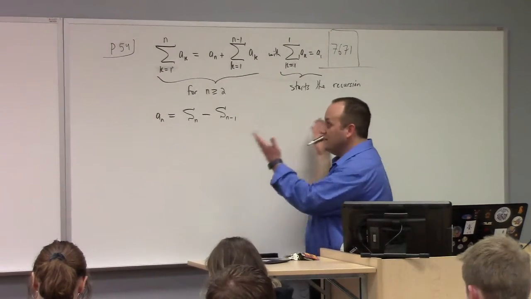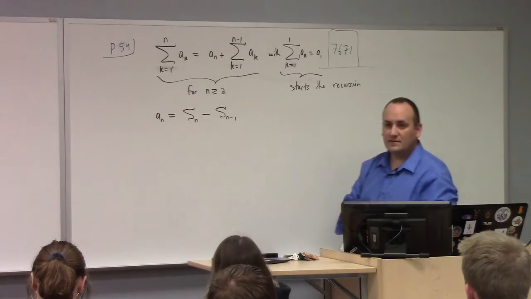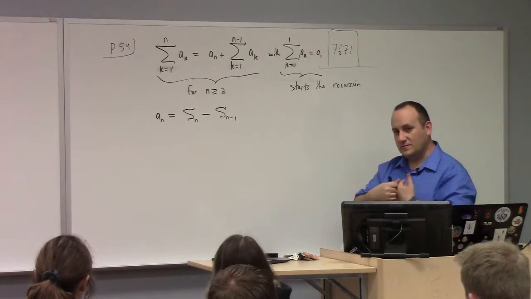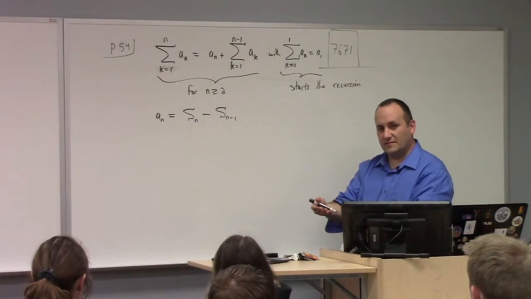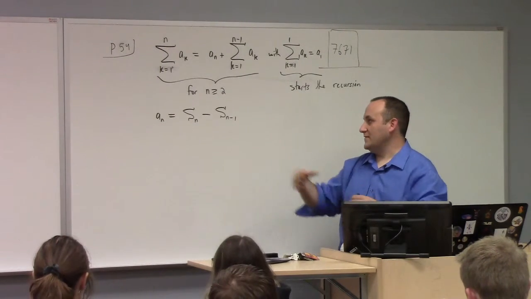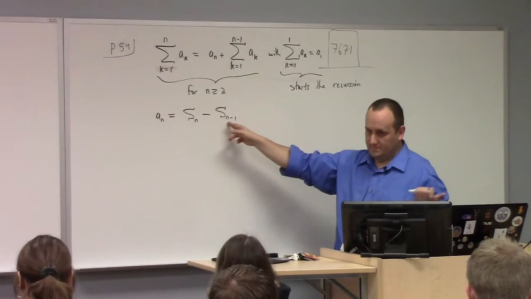But anyway, if this goes to L and that goes to L, in other words, if the series is convergent, what do we have? That the nth partial sum goes to not 0, but a finite limiting value, L. If you let n go to infinity, how about n minus 1? Does it still go to infinity?